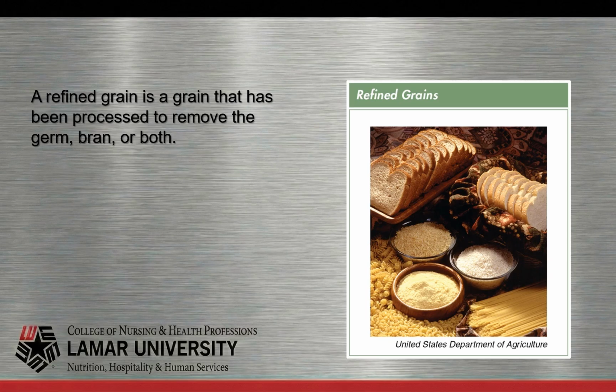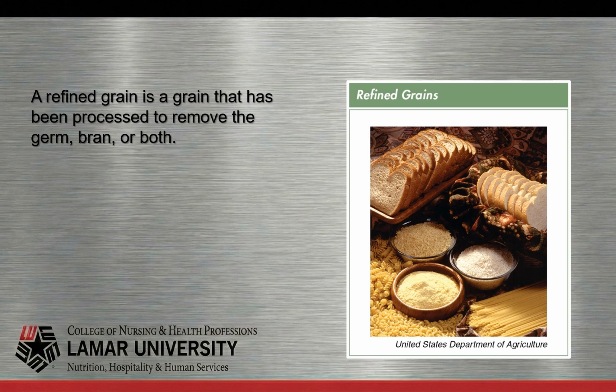A refined grain is a grain that has been processed to remove the bran, germ, or both. Refined grains are easier to digest, have a longer shelf life, and take less time to cook. Processing often goes beyond removing the husk and can include removing the nutrient-rich bran and germ.